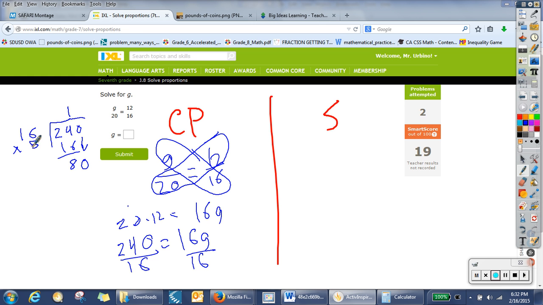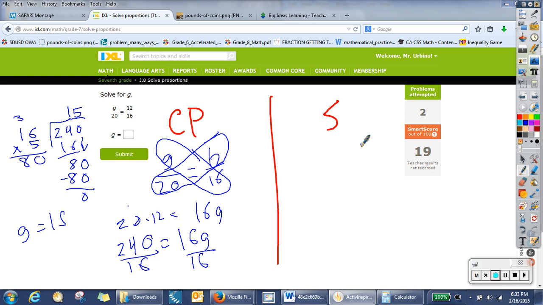So let's try 5. 5 times 1, 5 plus 3 is 8. Perfect. So 16 goes into 80 5 times.